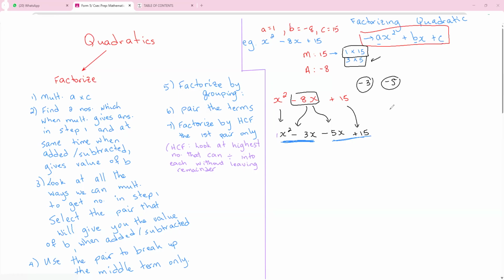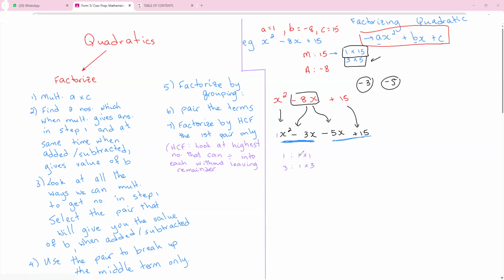Now, if anybody has trouble finding the HCF for each of the numbers, just look at all the ways you can multiply to get that number. So like we have 1 times table. We're looking at all the ways you can multiply to get 1, only 1 times 1. I'm just going simple, right? For 3, all the ways that you can multiply to get 3, 1 times 3.